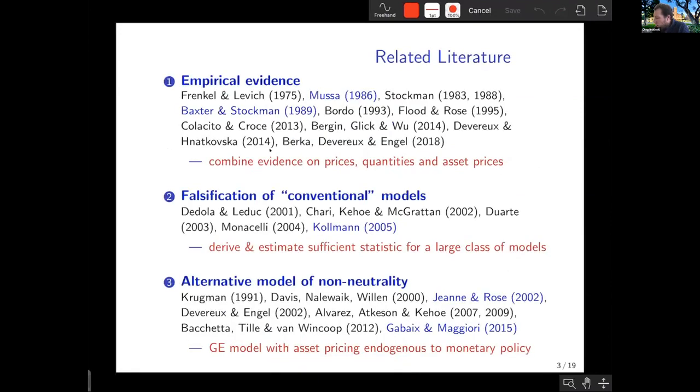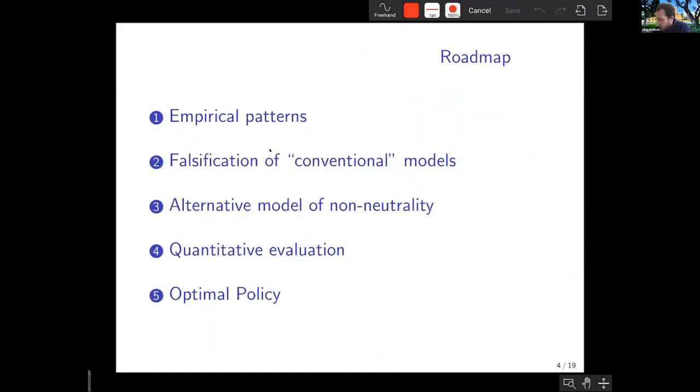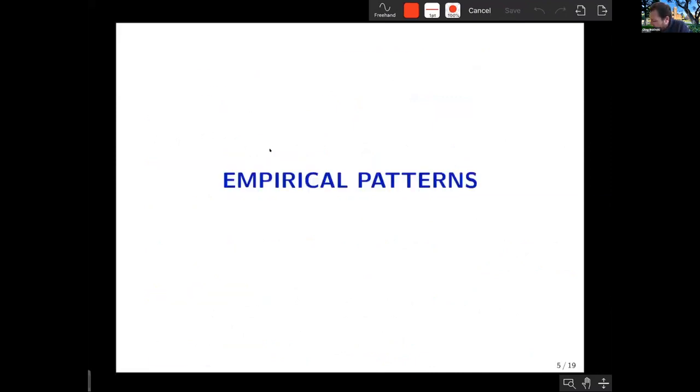We build on a very large literature and a number of important contributions here, but I'm going to keep going and really quickly go through some empirics and some theory, and then try to get to the implications for optimal policy in the end.